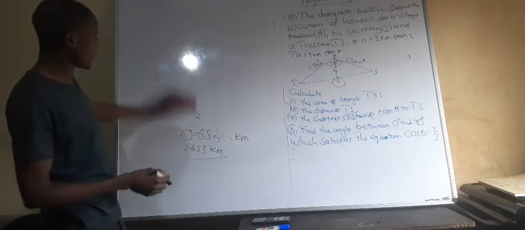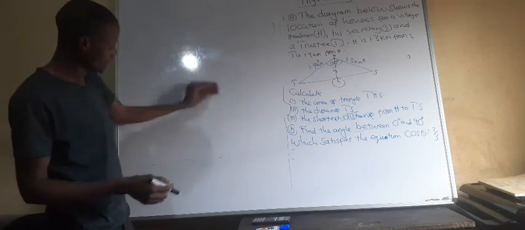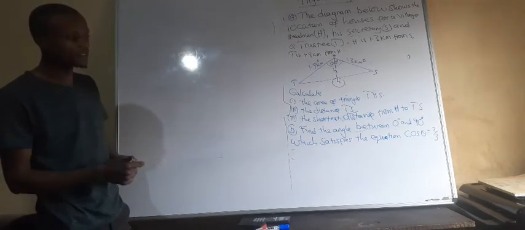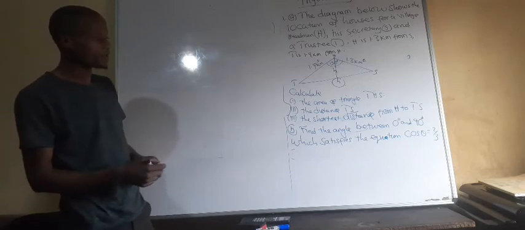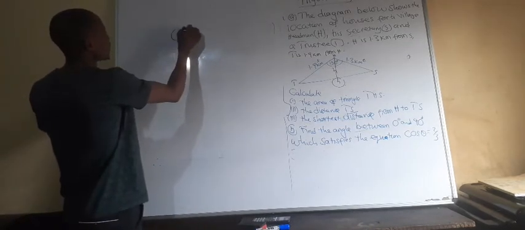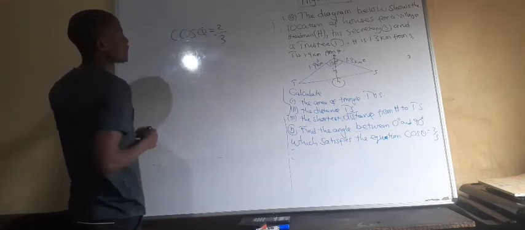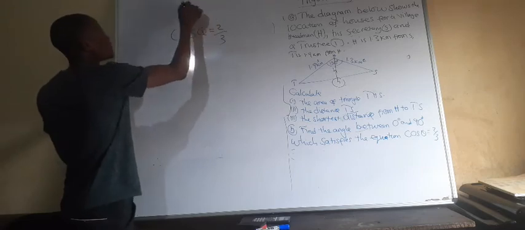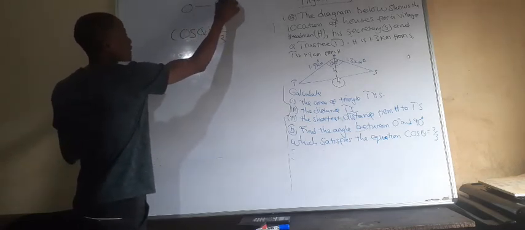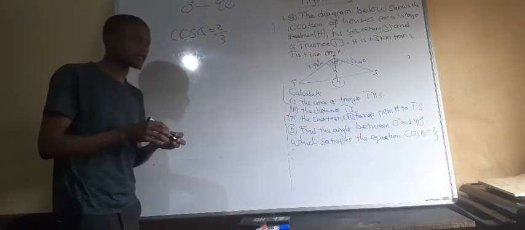Solve question B. Find the angle between 0 degrees and 90 degrees, which satisfies the equation cos theta is equal to 2 over 3. We want the angle which is between 0 and 90 degrees. What angle is between 0 degrees and 90 degrees?